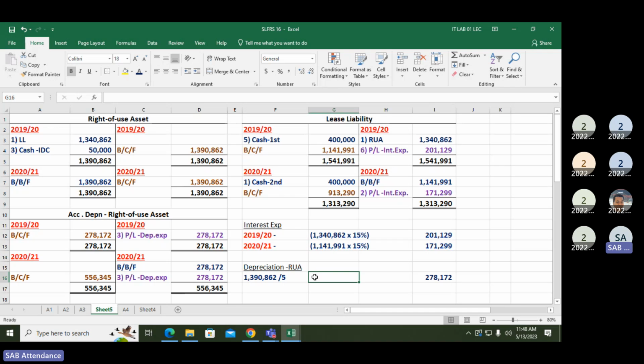Then we can move to the lessor's point of view. This is the lessee's account. Then we can have the lessor's account. Lessor's perspective.